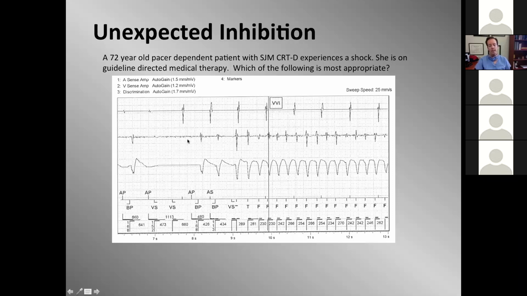And the point that I want to make here is that, especially when it comes to St. Jude, their sense amplifiers are different, and they have this feature called low frequency attenuation, this filter. The low frequency attenuation filter is meant to reduce T-wave oversensing. It attenuates low frequency signals.